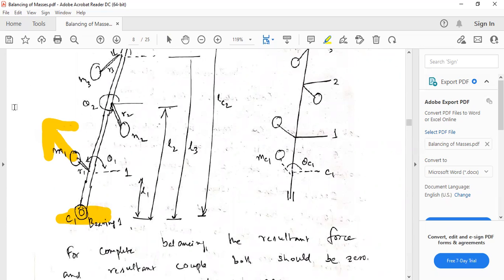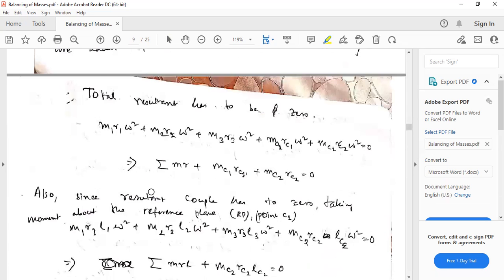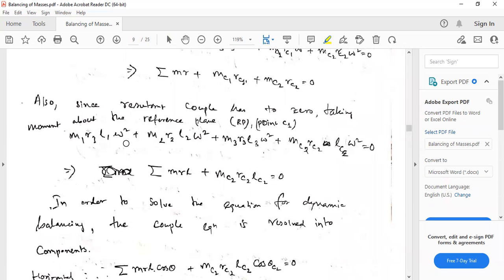It is m1 r1. Omega square is there, but we can cancel omega square. We can write omega square also, but at the end it will cancel out. So m1 r1 is the force. What is the perpendicular distance from this point? l1. So m1 r1 l1 omega square.